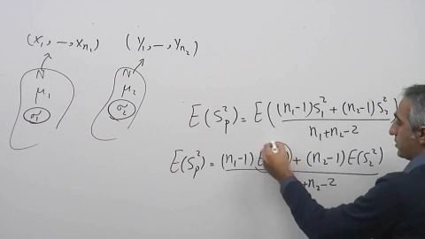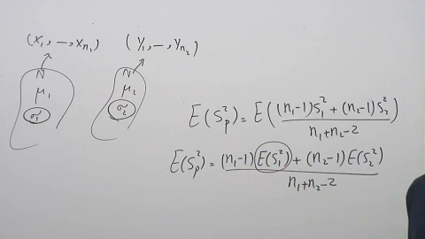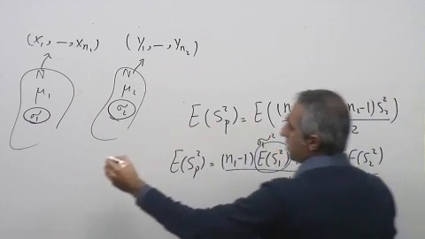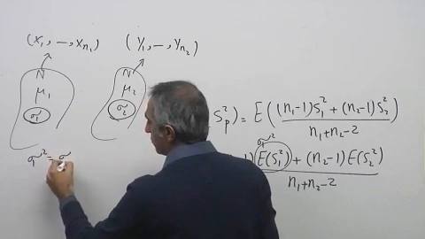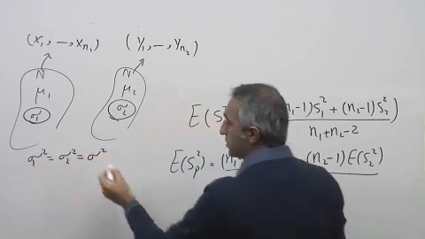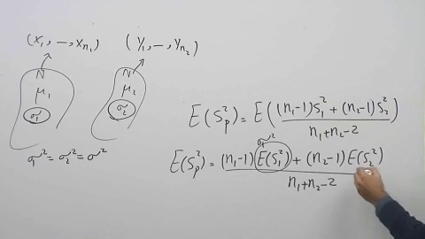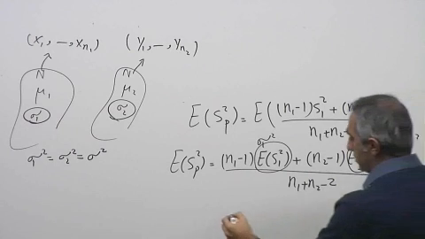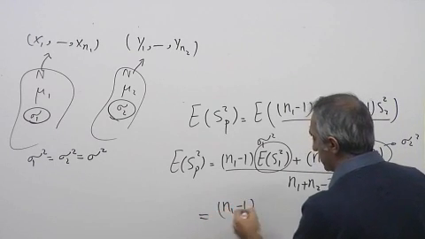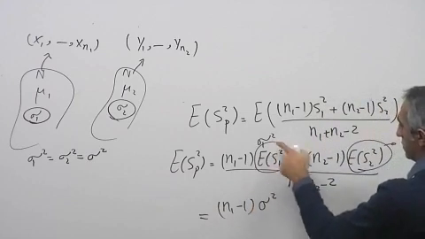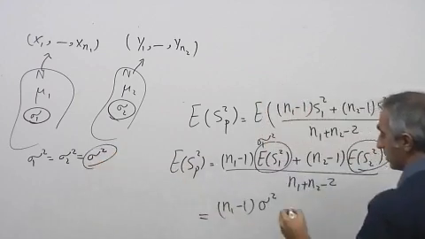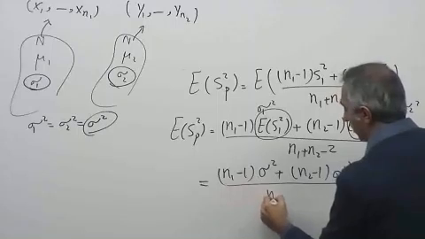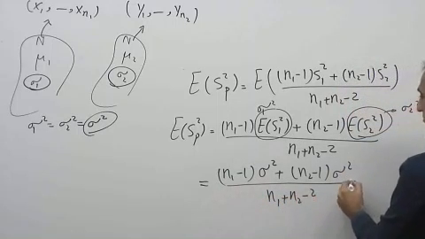We know that S1 squared is an unbiased estimator for sigma 1 squared. In this case, we have the assumption that sigma 1 squared and sigma 2 squared are equal to sigma squared. And S2 squared is also an unbiased estimator for sigma 2 squared. So I can write it as n1 minus 1 times sigma squared, because these two are the same, plus n2 minus 1 times sigma squared, divided by n1 plus n2 minus 2.